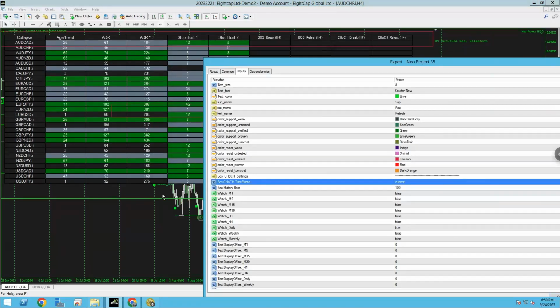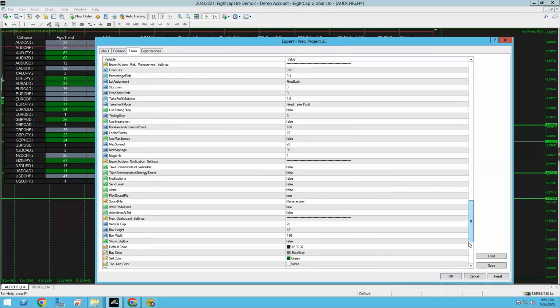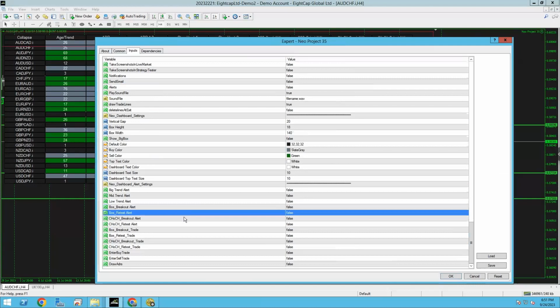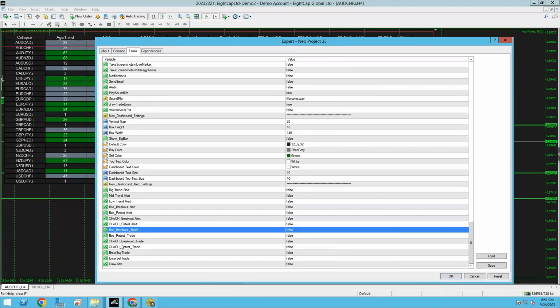You've got age and trend, you set on the big trend. You can also do this as well. So don't only switch on big trend, switch on this break of structure here. So you'd have break of structure alert, break of structure retest alert, change of character. I'm trying to see. Yeah, it's this one here. It's not those ones. I've got to get these other ones removed.